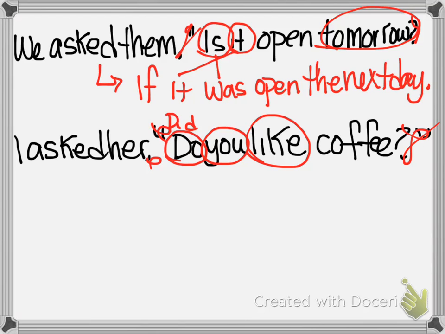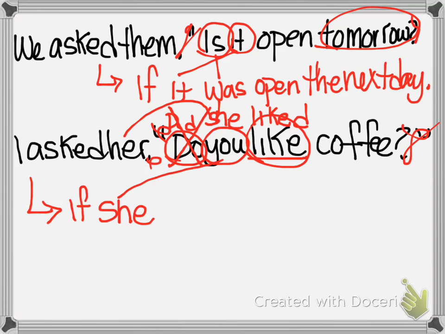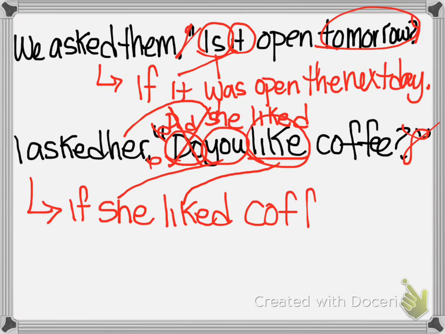So instead of putting simple past on do, we're going to get rid of do completely, and we're going to change like from simple present to liked, which is simple past. And then you is going to become she. So our answer is going to look like this. If she liked coffee, period.